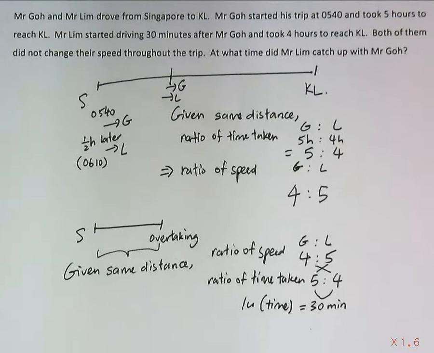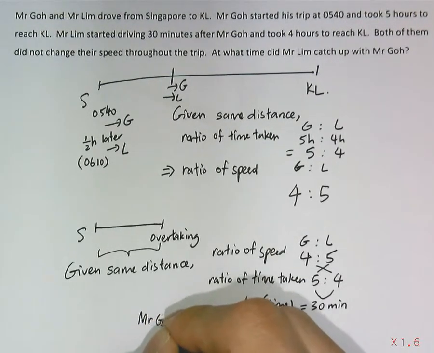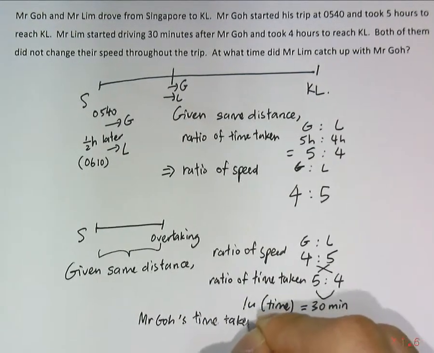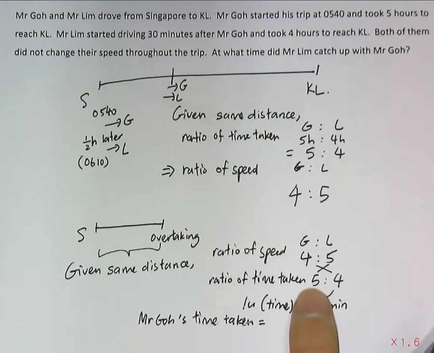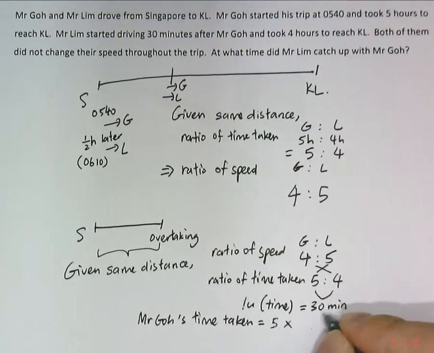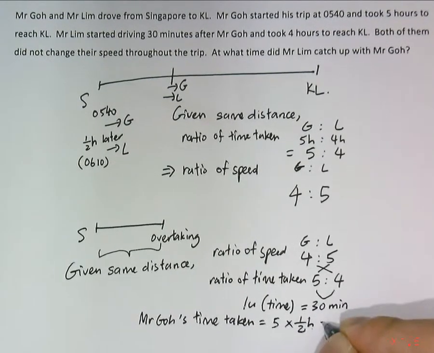So from here we can easily find Mr. Goh's timing. By taking 5 units of time for Mr. Goh, so 5 times 30 minutes, or we can put half an hour, then that gives us 2.5 hours.